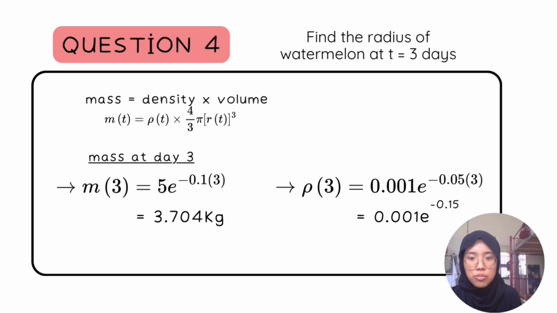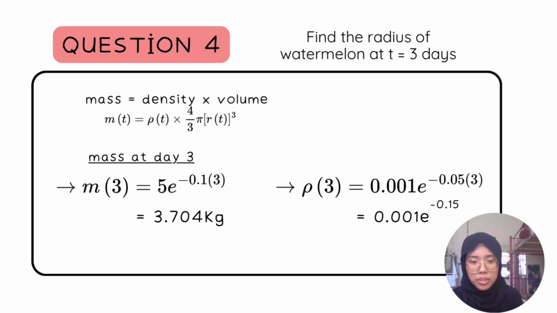We need to find the mass and density of the watermelon at day 3. We substitute the value of 3 into the equation 5e^(-0.1t), and then we got 3.704 kilograms for the mass.